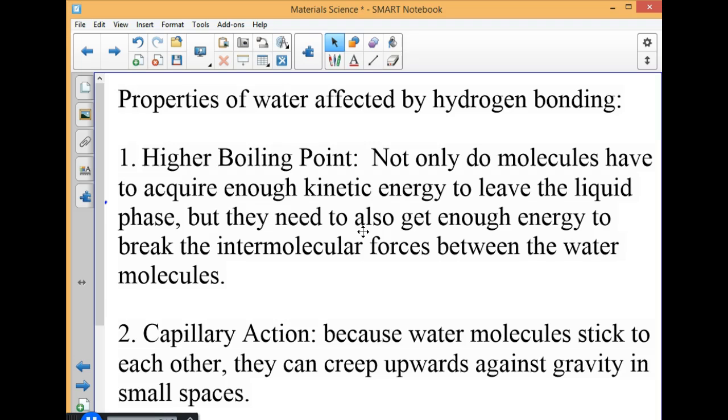Compared to a lot of other covalent compounds, water has a very high melting point. 0 degrees Celsius doesn't seem like a very high melting point, but a lot of the gases, for example nitrogen in the air, become a gas at a very, very low temperature, which means they have to melt at an even lower temperature than that. So water's high melting point and boiling point can be explained by the presence of hydrogen bonds.